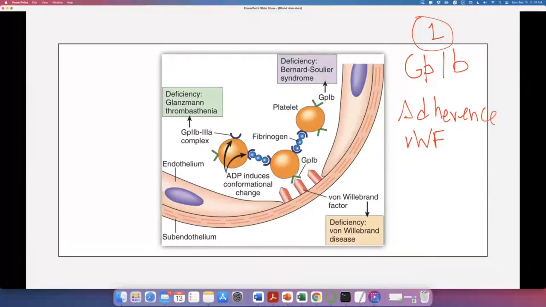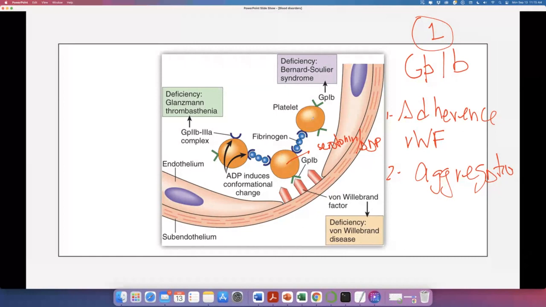Now the second step, that is called the platelet aggregation, is when this platelet binds here. Remember, it starts secreting serotonin, ADP, and other things that will attract other platelets that will bind to these platelets that are already there.